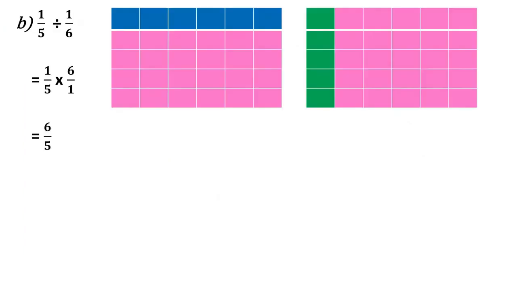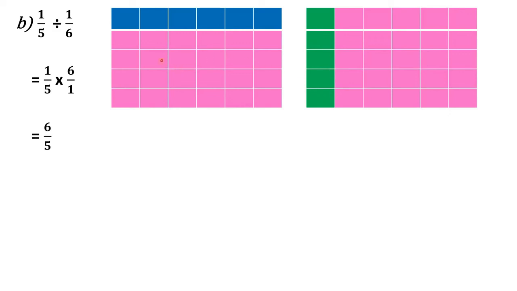Okay, here also you can see the children, 1 by 5 divided by 1 by 6. Okay, so 5 rows and 6 columns we have drawn it here, and out of 5 rows, the first row we have colored it with blue, and here 6 columns we have drawn here, and out of that 1 column we have colored it with green.